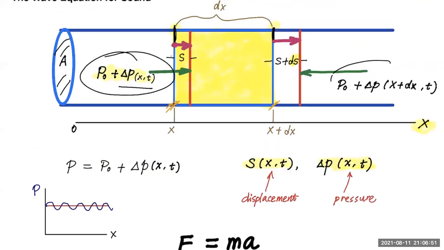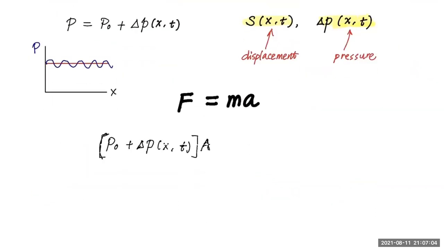So that's a positive force because it pushes to the right. Now, there's also a force pushing backwards, coming from the pressure on the other side. So you get this green arrow pushing along the negative x direction, and that force is negative, with the magnitude again pressure times area.